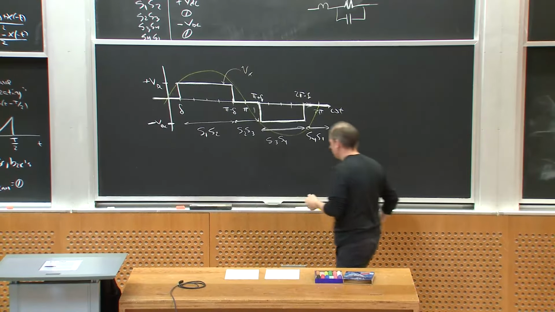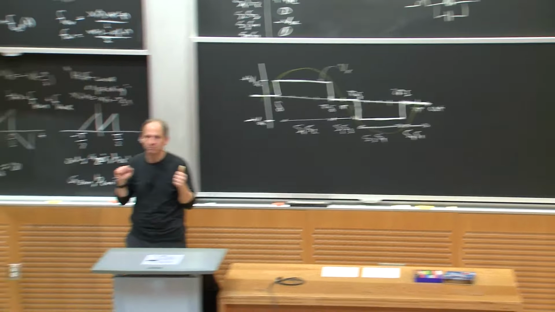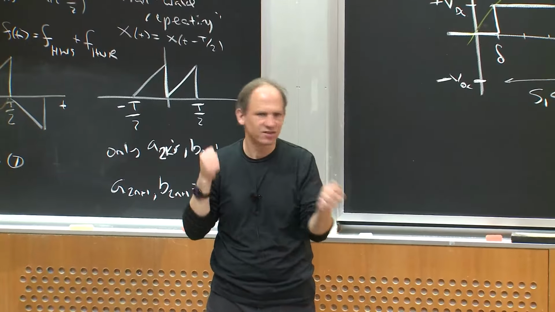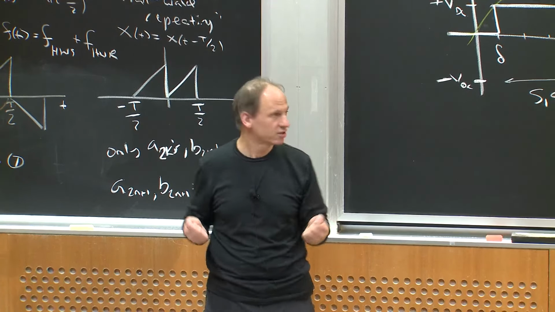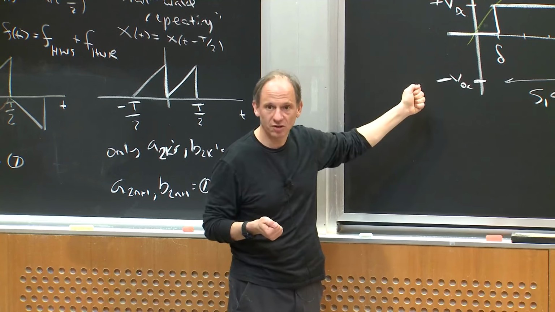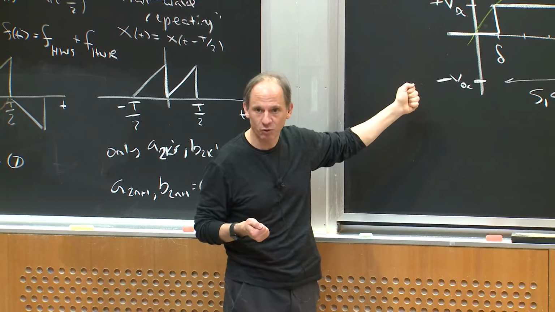This is V sine omega t. Well, sine omega t is odd, right? So if I want to do a good job with as little unwanted harmonic content as I can, it makes sense that because sine is odd, I also ought to use only odd components. So I ought to synthesize it with an odd waveform.